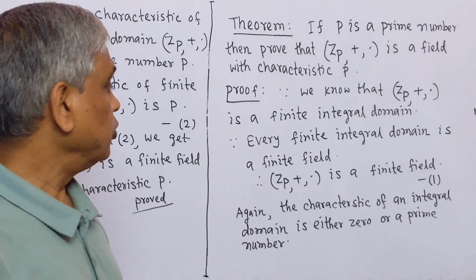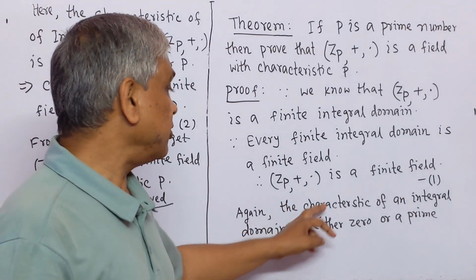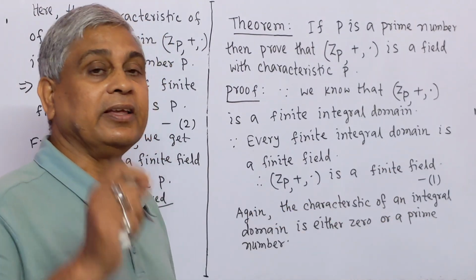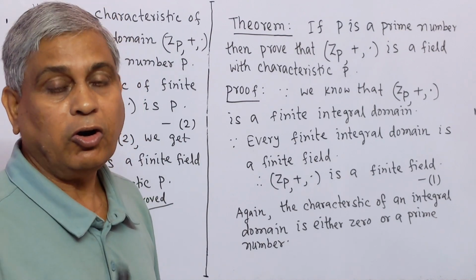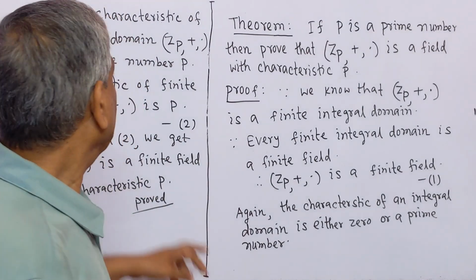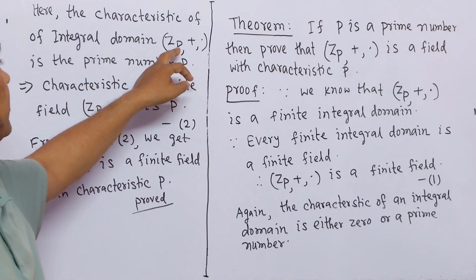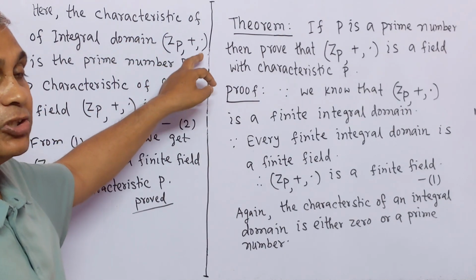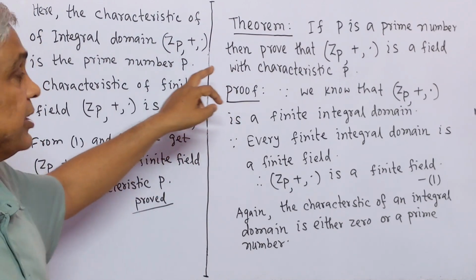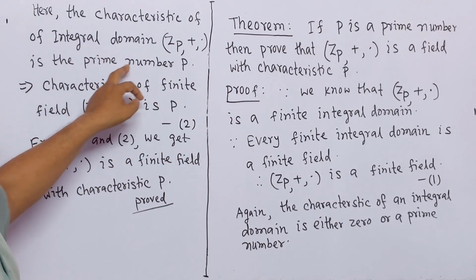Again, we know that the characteristic of an integral domain is either 0 or a prime number. Here, the characteristic of integral domain Zp with addition and multiplication is the prime number p.